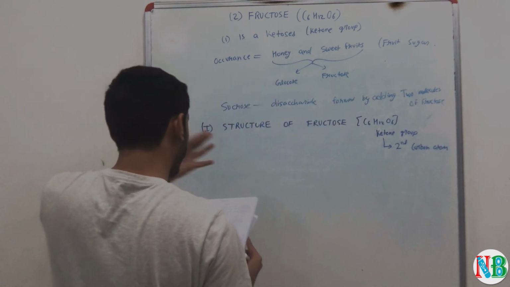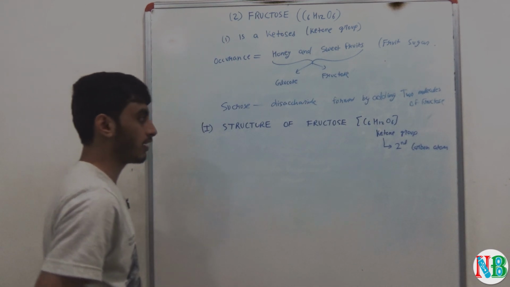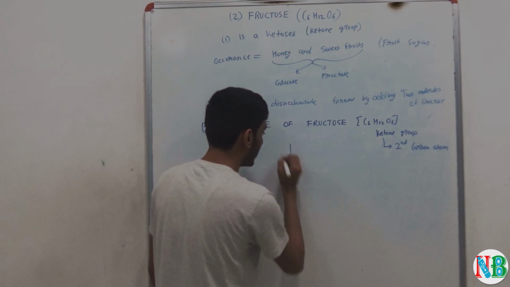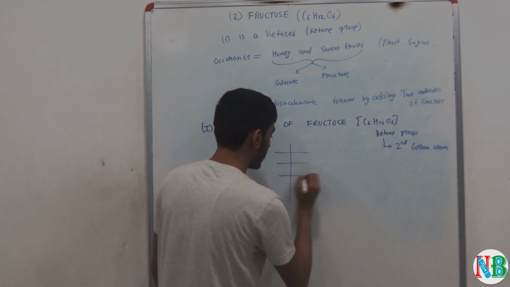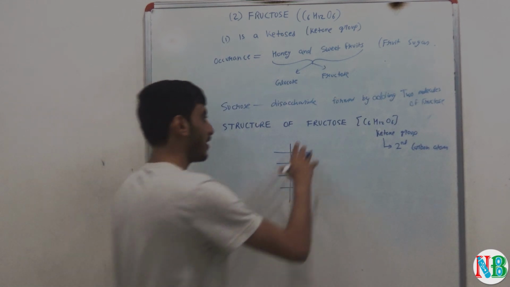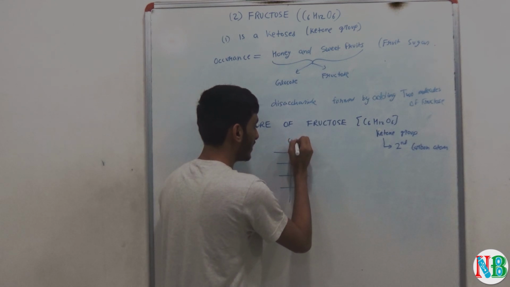So if you have to draw this, you should always start with the structure of glucose, and from the structure of glucose you actually make this. So if you remember, glucose looks like this.